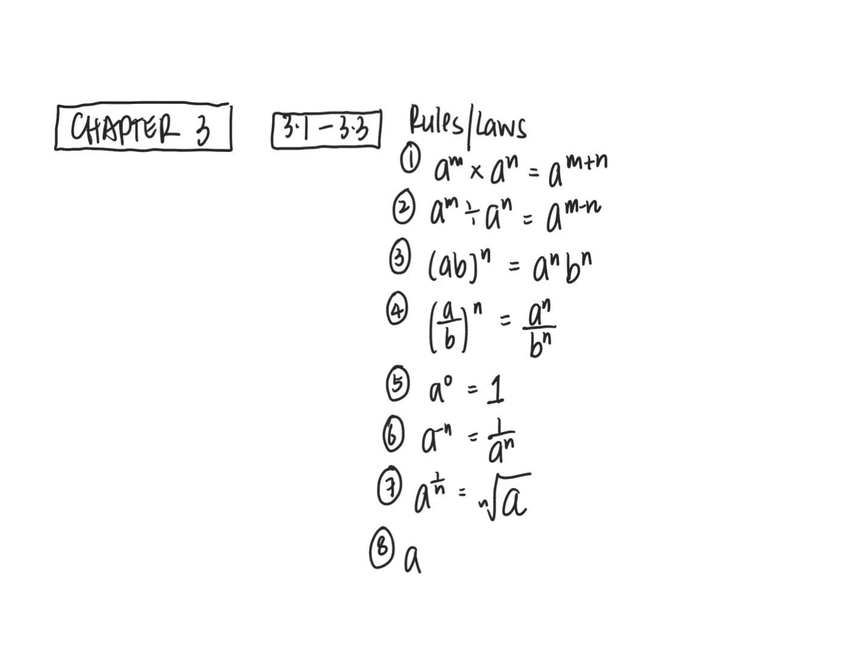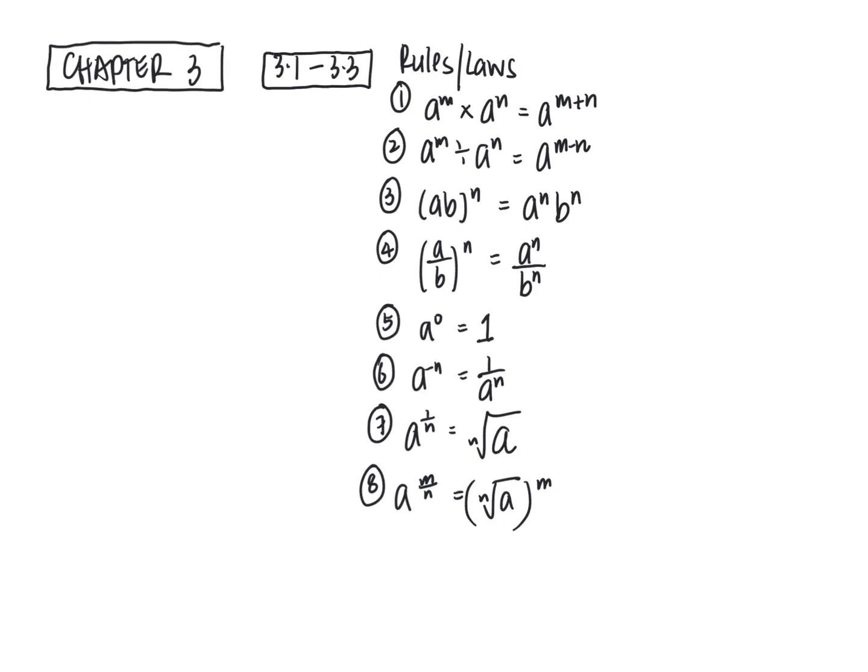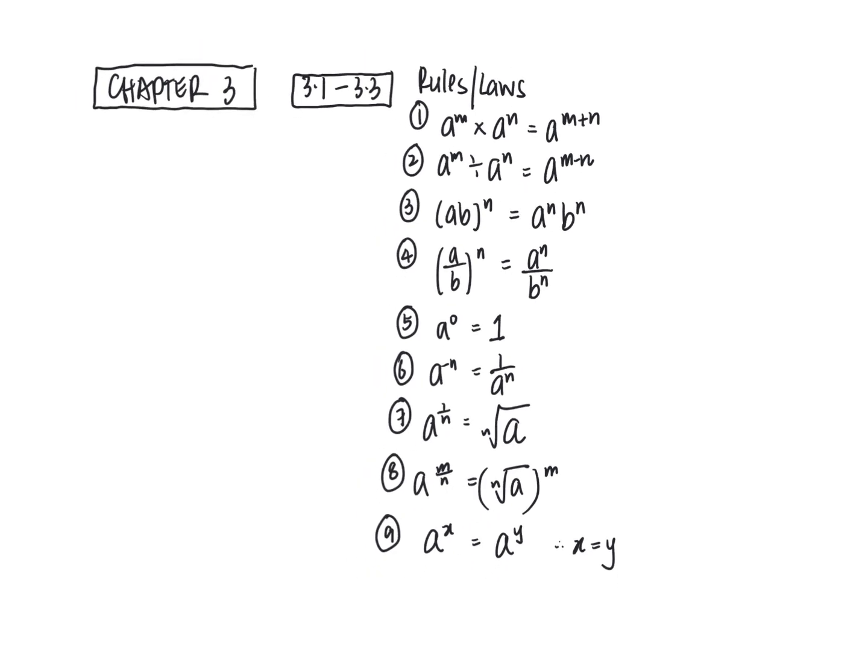Okay, if you subject it to another fraction, you can apply the root to power m. Okay, the very last one is if you have two numbers with different powers but the base is the same, then you can conclude that x must equal to y. So this is the whole of 3.1 to 3.4, sorry.